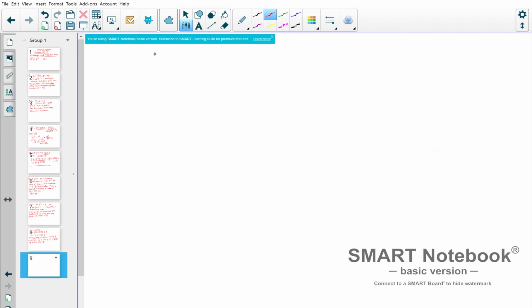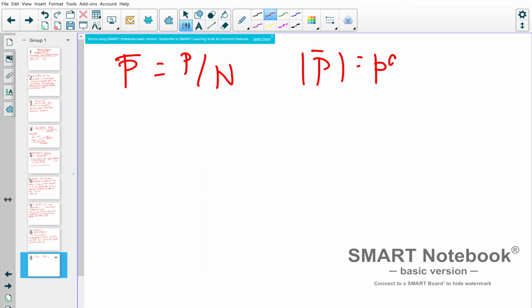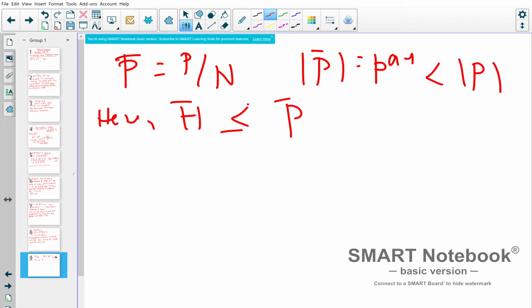So we can go modulo N, this P bar, which is P mod N. Now you see that P bar has order p power a minus 1, which is less than the order of P, right? So you can use the induction hypothesis here. Here, H bar is sitting inside P bar and it's also a normal subgroup, right? H is a normal subgroup of P, so H bar is a normal subgroup of P bar, and the order of P bar is less than the order of P, so you have the induction hypothesis.